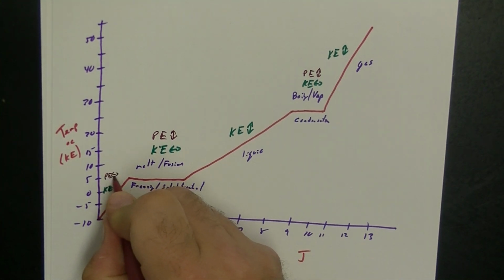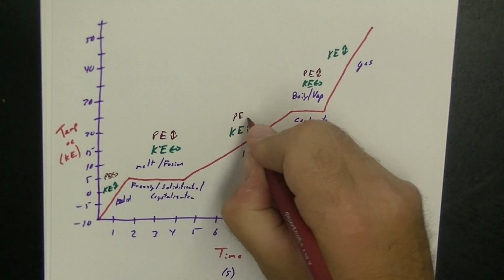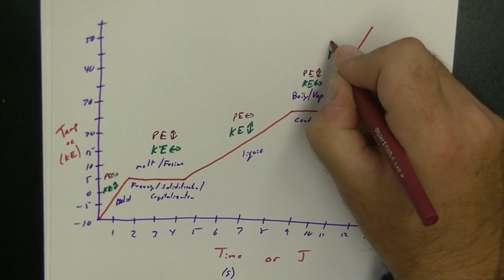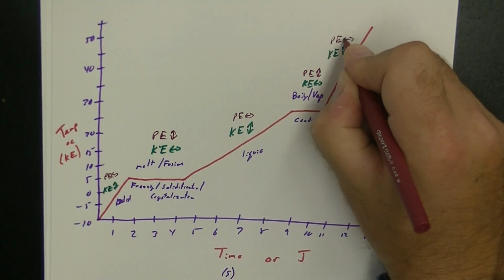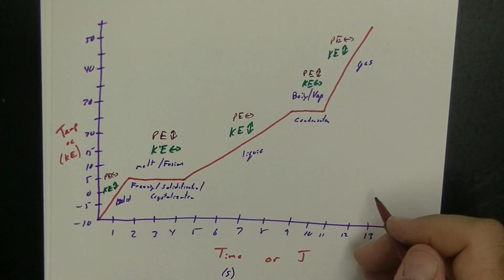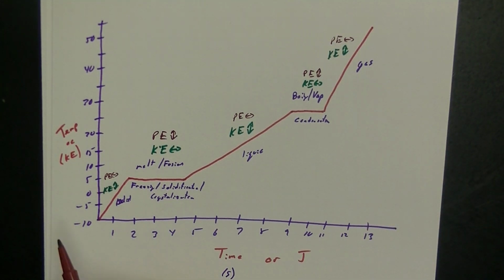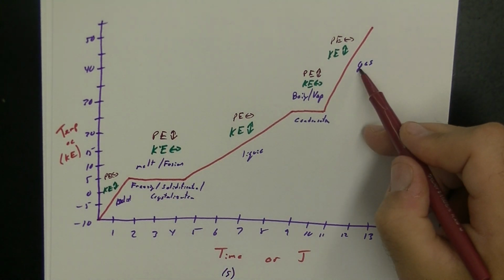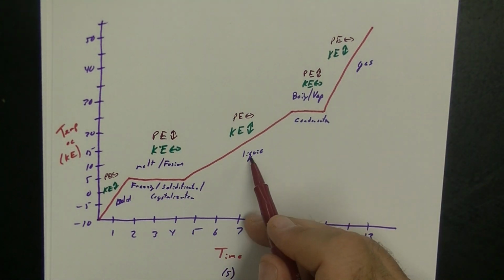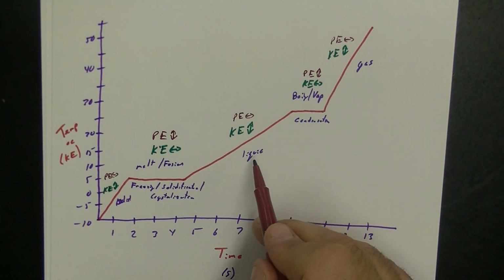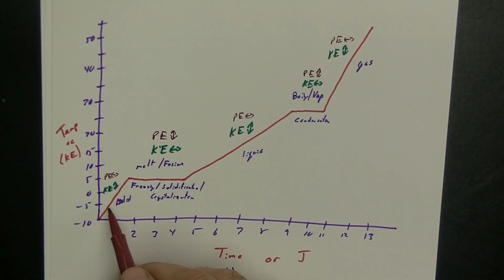PE is staying the same when kinetic energy is changing. It's the exact opposite. Which of the three phases has the most potential energy? Well, this gas right here will always have more potential energy than a liquid. A liquid will always have more potential energy than the solid. Okay, good.